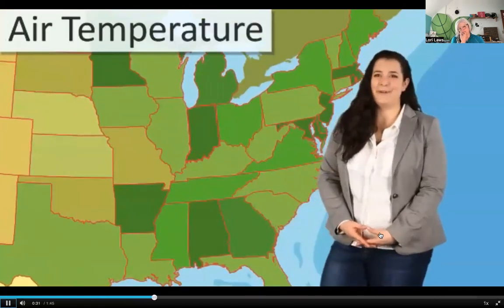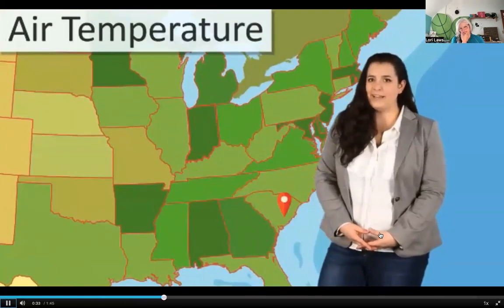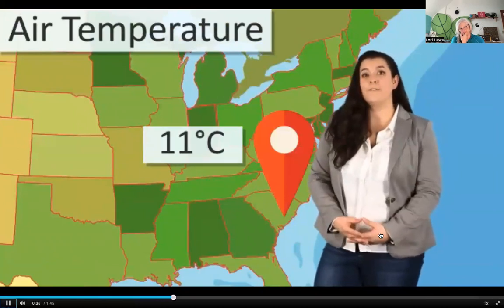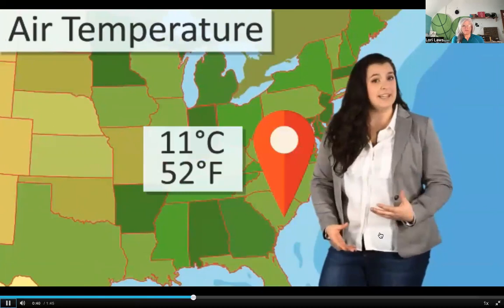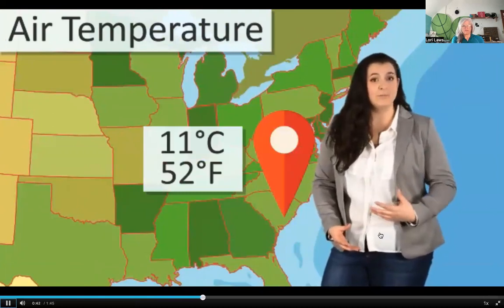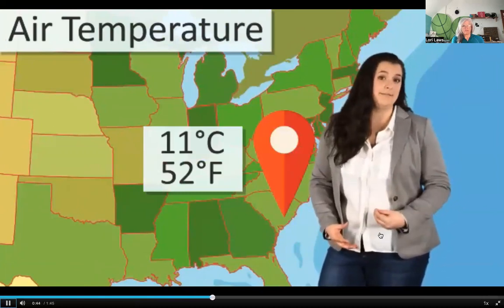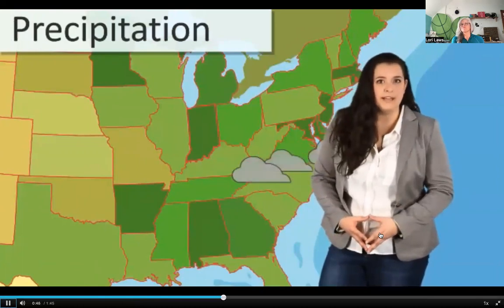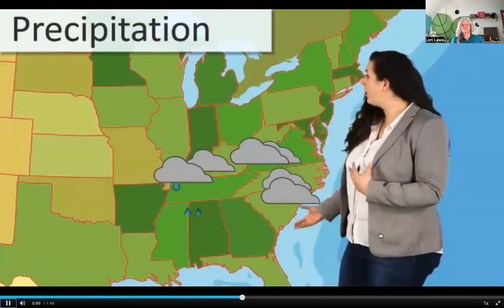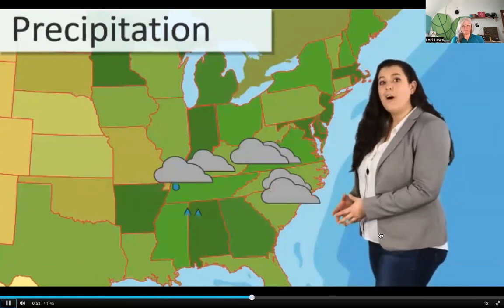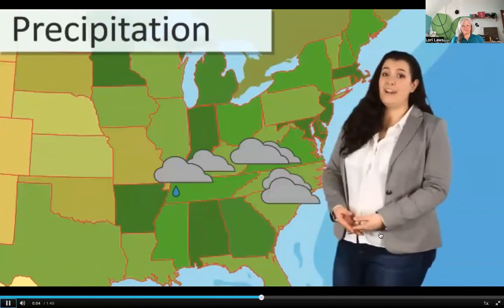Then there's air temperature. Right now, it's 11 degrees Celsius or 52 degrees Fahrenheit. Because this is above freezing, any precipitation that forms will most likely be rain. Speaking of rain, these dark clouds mean there is a chance of precipitation. According to our map, it's already raining in some of the surrounding areas.